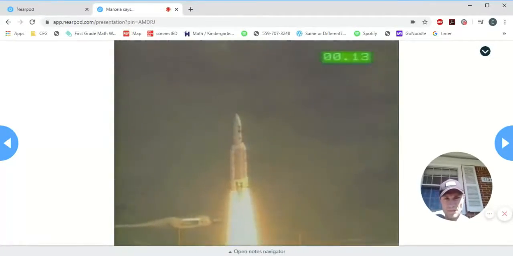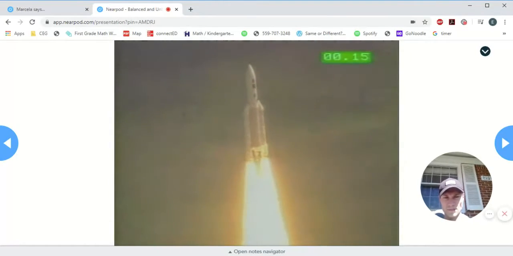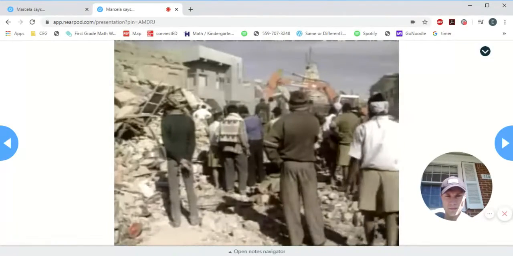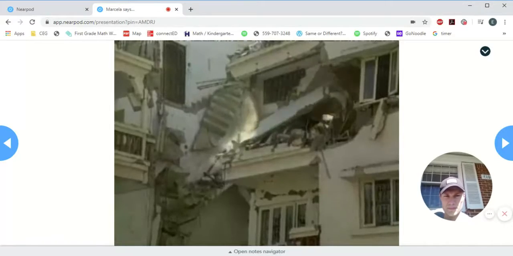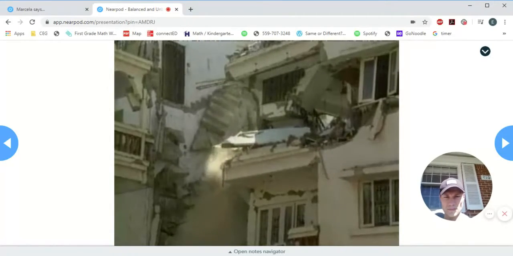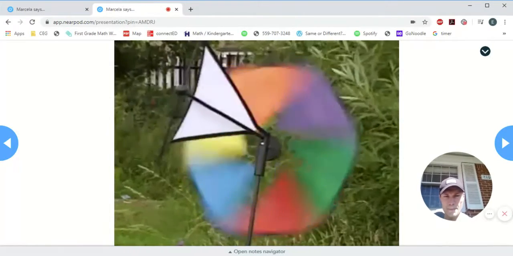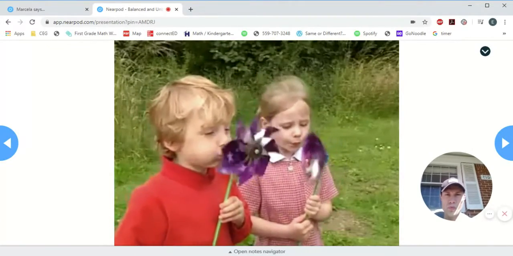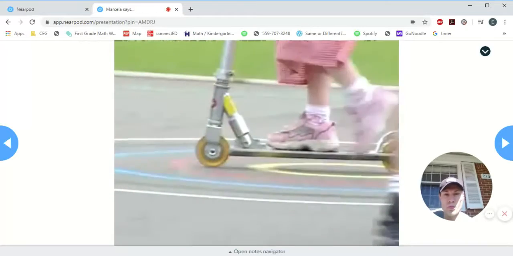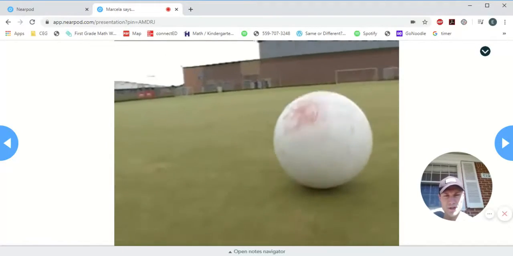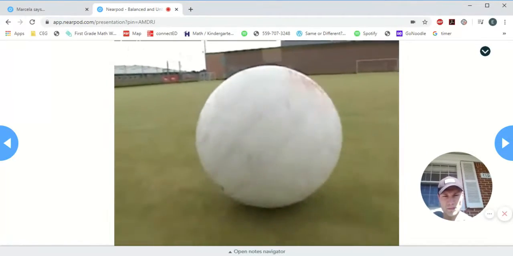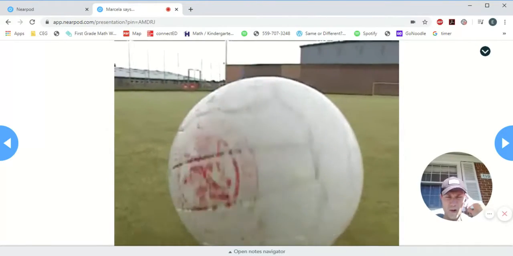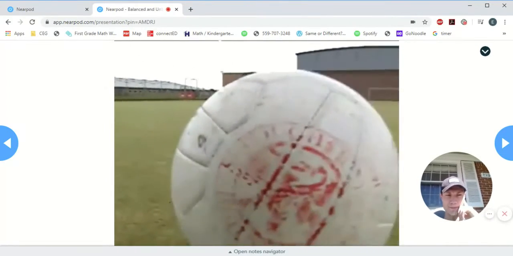Forces can be strong enough to launch a rocket into space, or make buildings fall down during an earthquake. The forces we're likely to see and feel every day are less dramatic. I see a push. Sometimes we can't even see them, but they're still there. What's working on that ball? I wonder. Why did it stop?